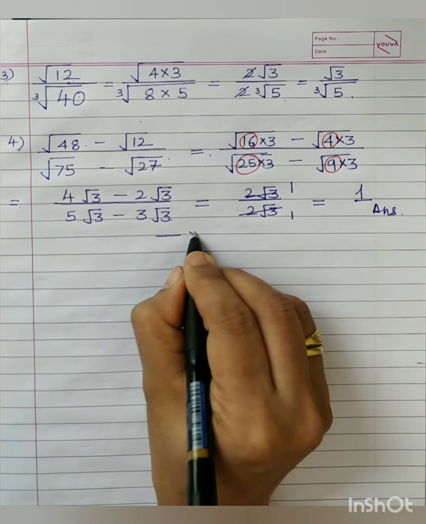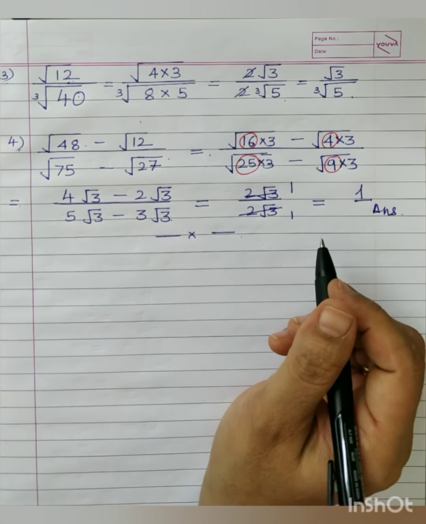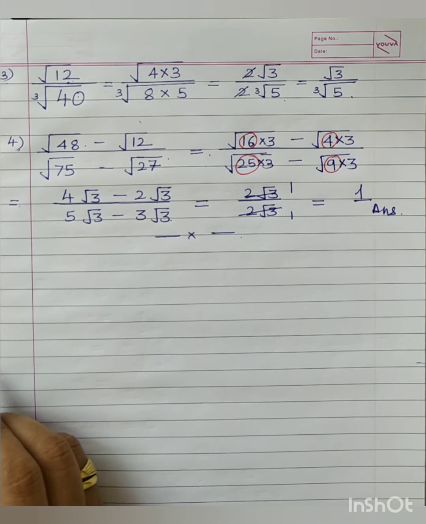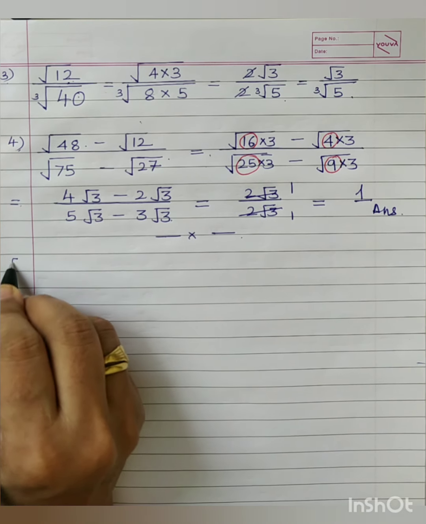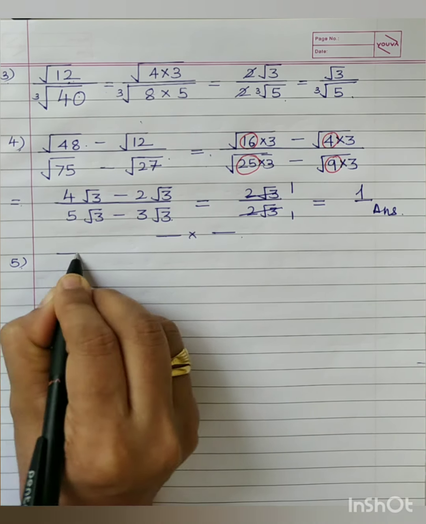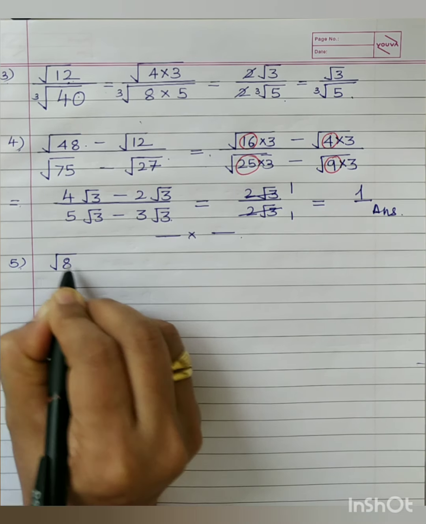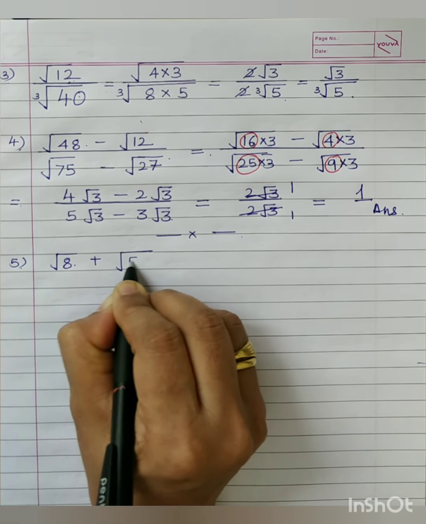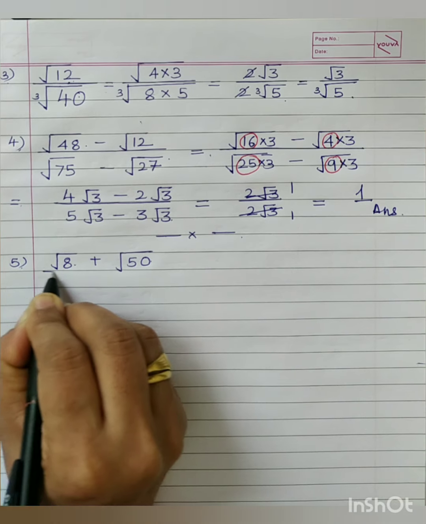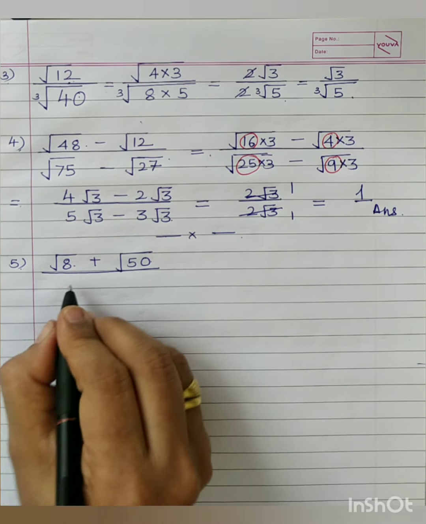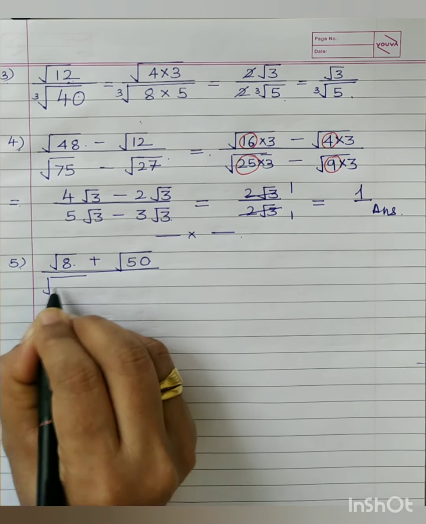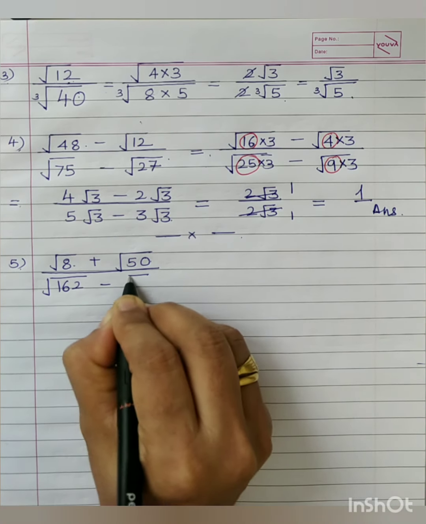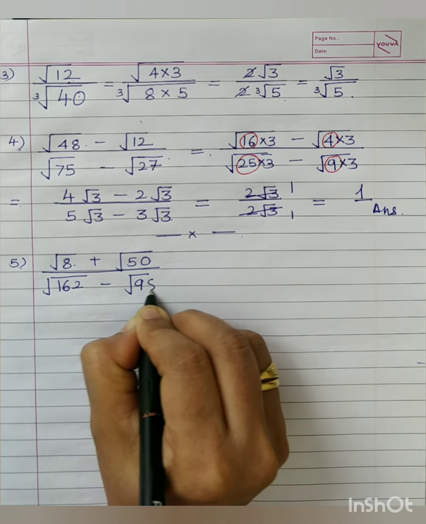Hope you understand. Hope you are finding it easy as well. One more question, let's see. Root 8 plus root 50, divided by square root of 162 minus square root of 98.